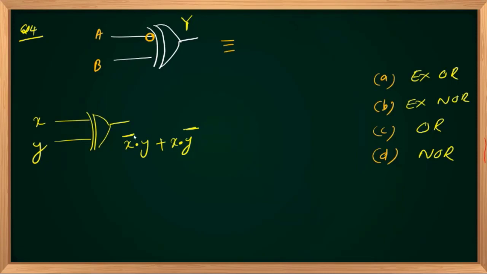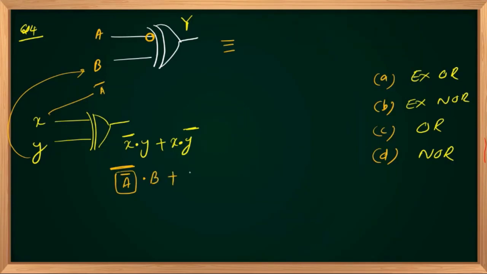Here Y equal to B, Y and B are the same, no bubble, right? And X equal to A complement, correct? So X equal to A complement, A bar, we have another complement. This is my X, that is A bar. What is Y? Y is the same as B, no change.